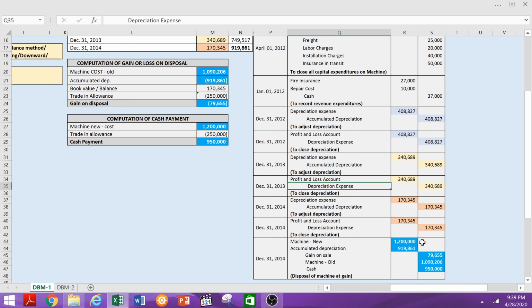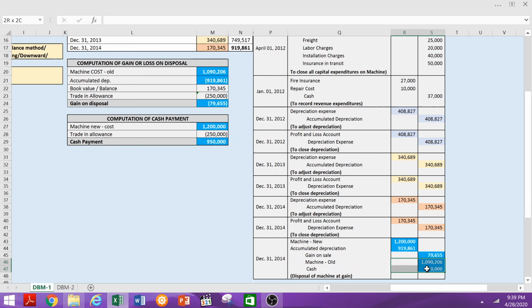First of all, we are just writing on the debit side the cost of new machine. Machine is an asset account, it is increasing, so we are writing at the debit side. Again here, the old machine is credited, asset is decreasing, we are exchanging our old machine, so machine is credited. Cash is paid, so cash is also recorded at the credit side.